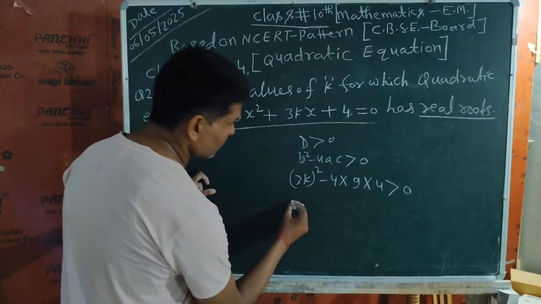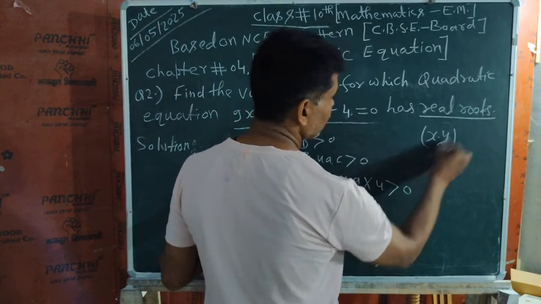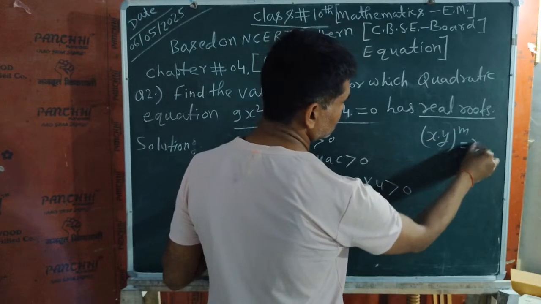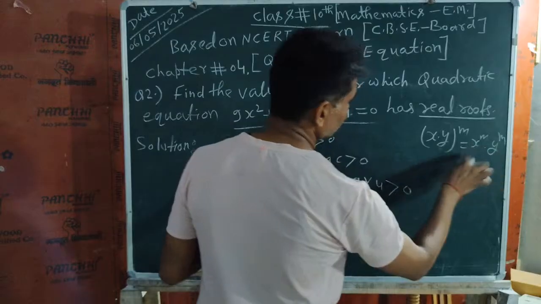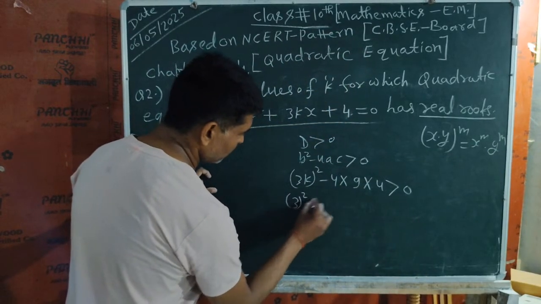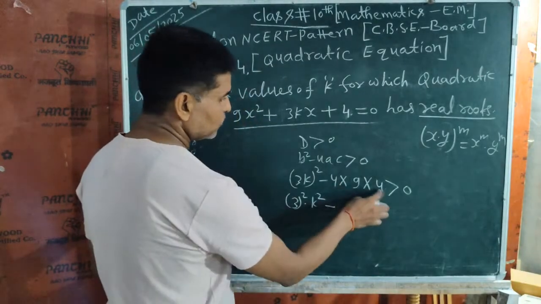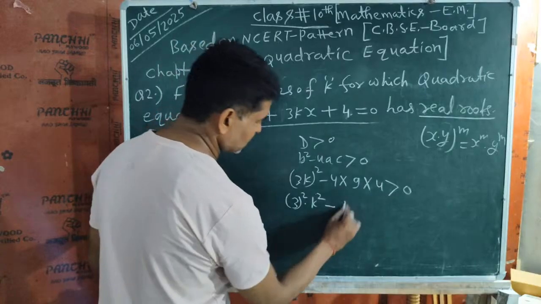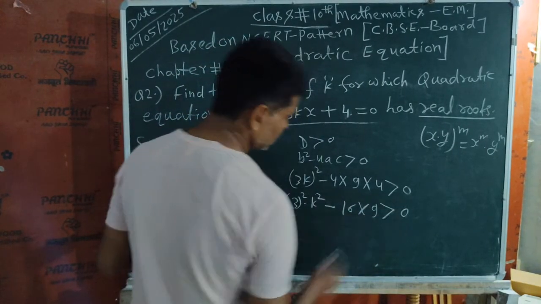Now here I will use the formula x into y to the power m, which is equal to x to the power m into y to the power m. This concept I will use here. So 3 to the power 2 into k to the power 2, and I will write here 4 into 4 is 16, into 9, which is greater than 0.